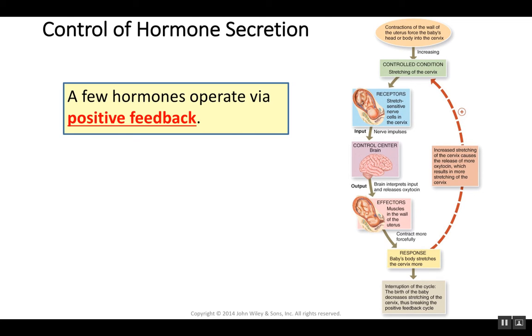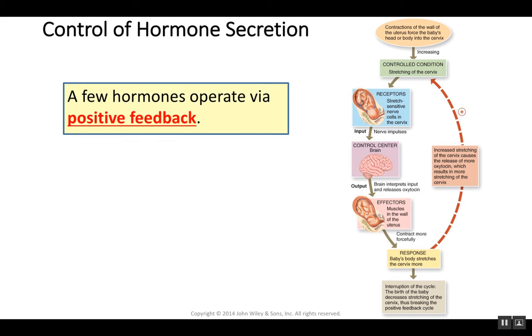So that's the stimulus: stretching of that cervix because the baby is starting to be forced out of the uterus. So a positive feedback would mean we want to reinforce that event. We don't want to keep the baby in anymore. So once the baby starts to be forced out of the uterus, we want to do that more and more and more. So we positively reinforce that event.